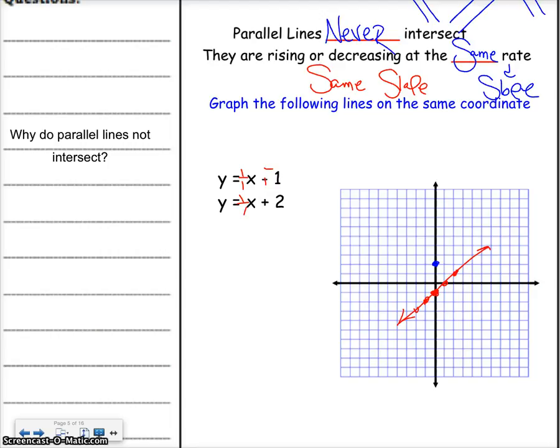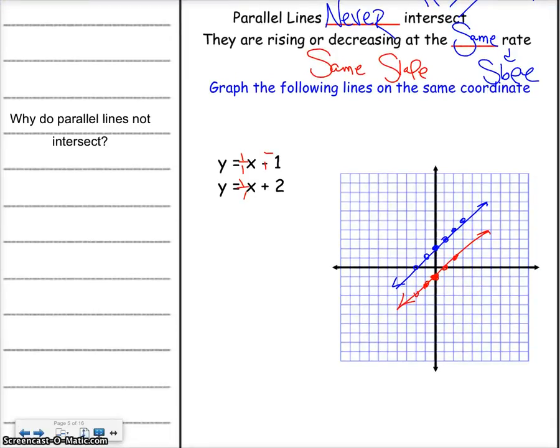So I plot my y-intercept at 2, up 1 over 1, up and over, other way, down, over, down, over. Parallel lines. They will never intersect, even though the bottom part of my line is not straight. If you think about extending it to infinity, the way I drew my line, it looks like it would intersect, but it truly will never intersect.